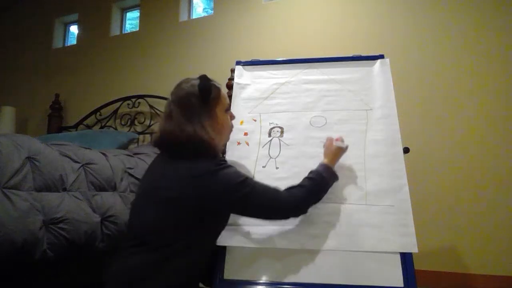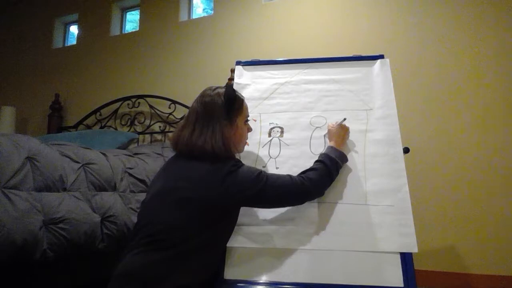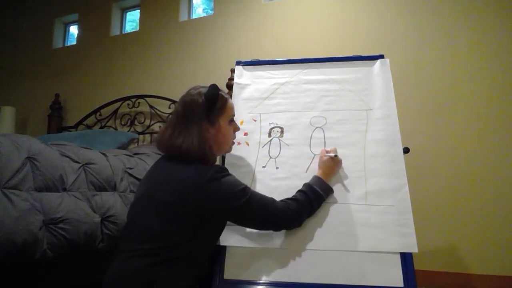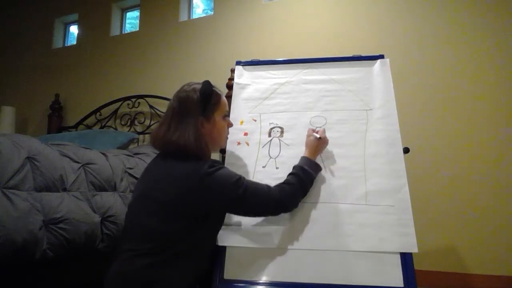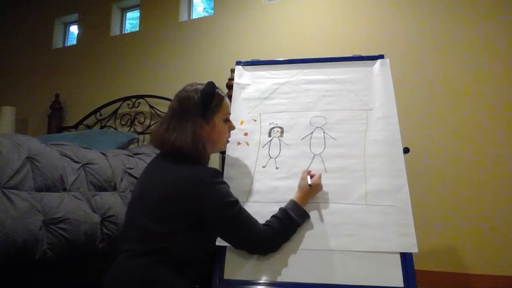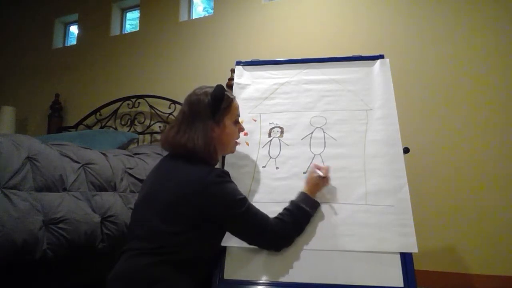And I'll draw an oval for his body. He also has 1, 2 legs, 1, 2 arms, and 1, 2 feet.